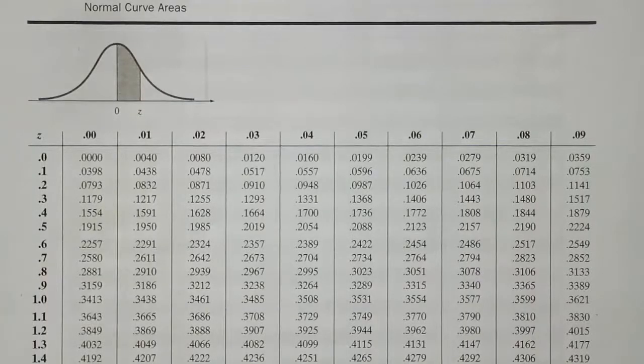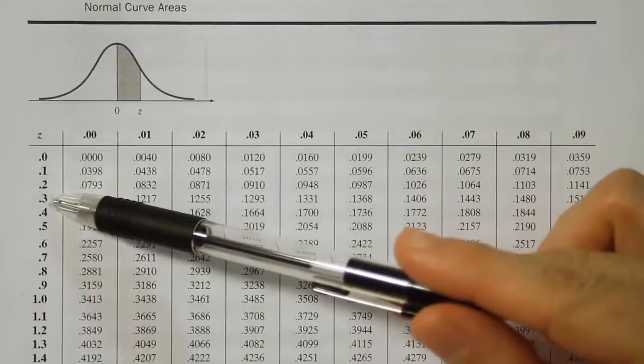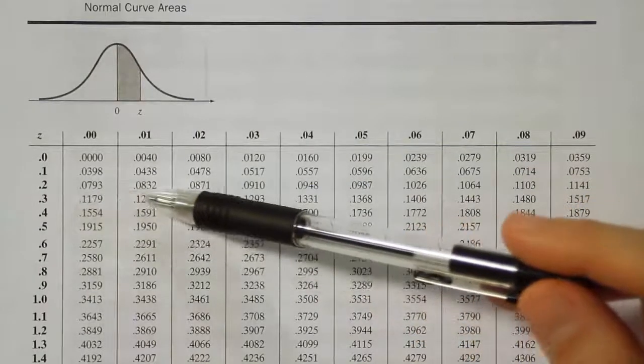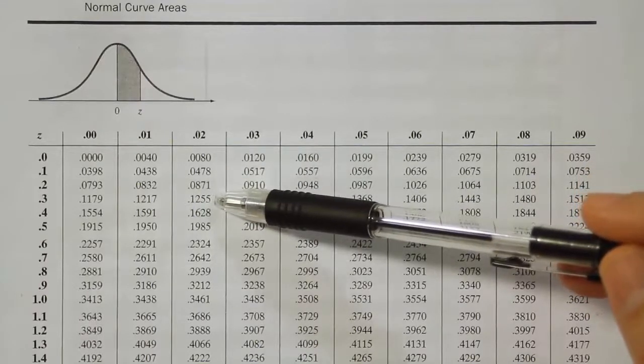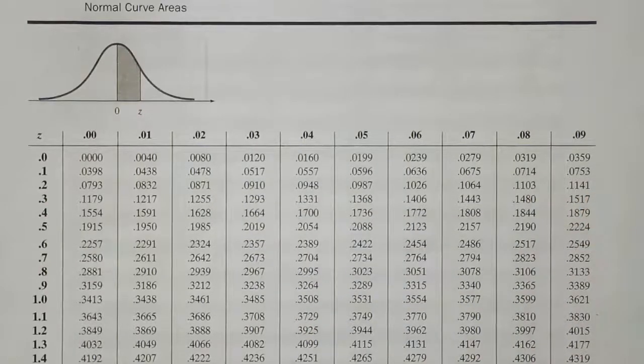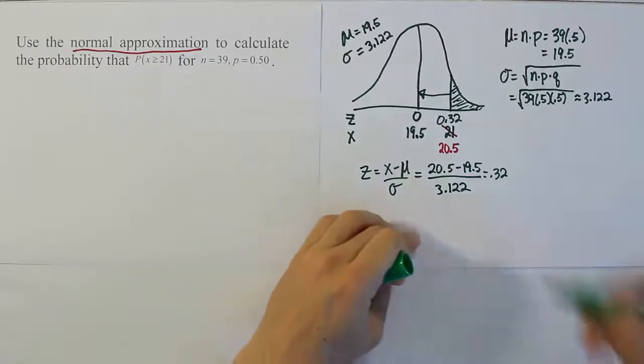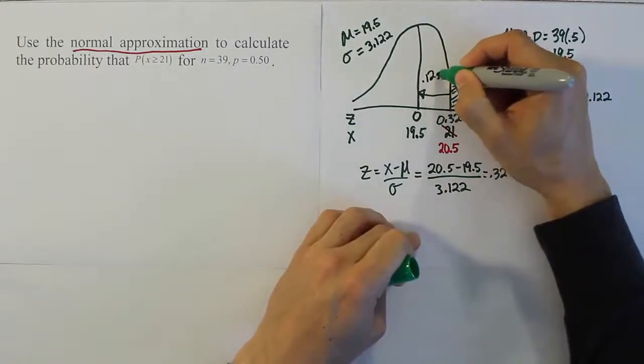Okay, so we're on the z-table looking at 0.32. There's 0.3, and over to the column with 0.02, we have 0.1255. So from the table we got the answer 0.1255.